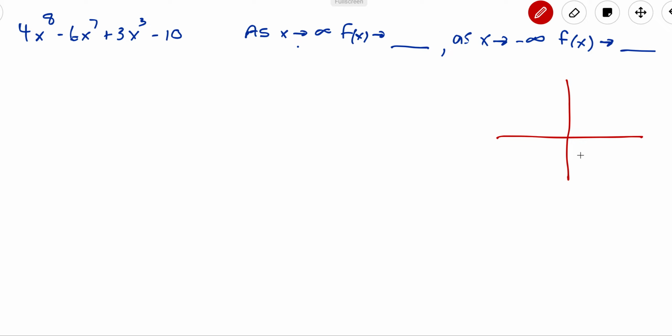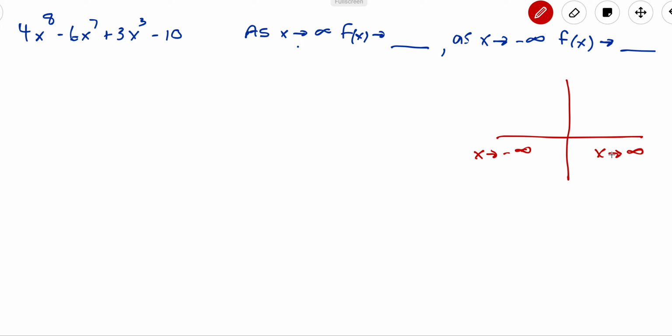In between, it's doing all kinds of waves and things, but the end behavior is asking what happens to the curve as x approaches positive infinity, as it gets farther and farther to the right, and on the other end, what happens as x is approaching negative infinity, which means it's getting farther and farther to the left.